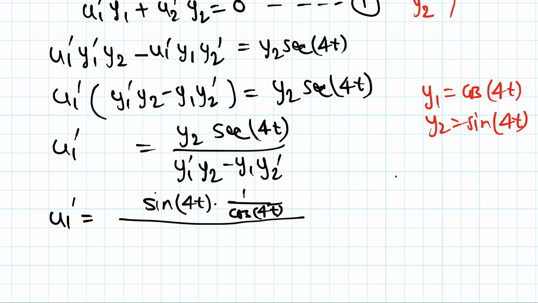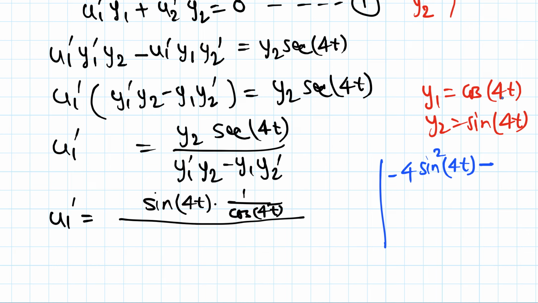On the bottom, let's work here, and it's going to be a nice number. You will see y1 prime: the derivative of cosine 4t is negative 4 sine 4t, since the derivative of cosine is negative sine, and 4 times y2, y2 is sine 4t, times sine 4t. So that's sine squared 4t, minus in the middle.